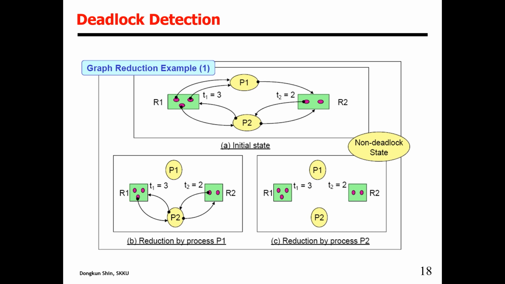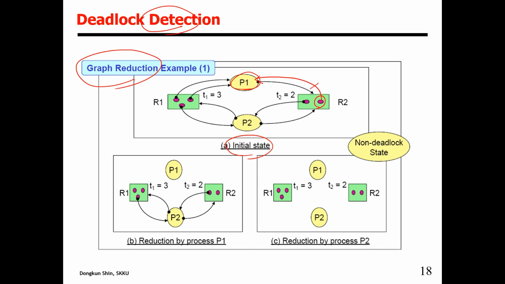To detect deadlock, we can use a graph reduction technique using the resource allocation graph. For this state, there is an available resource now. If this resource is allocated for P1, then P1 can perform its operation.